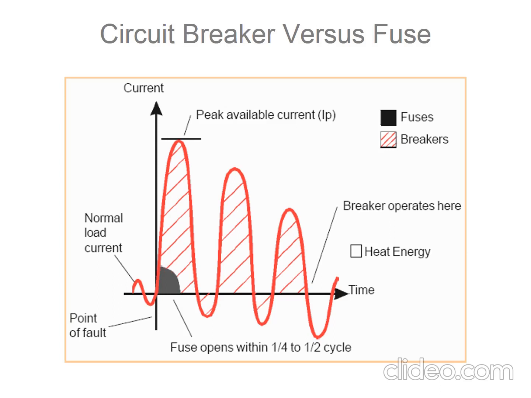And then we can see that the current goes to the peak value, the peak value of the current when the fault occurs. And then the circuit breaker will operate here, and it takes more time to operate compared to the fuse. And this is the heat energy because of the fault.